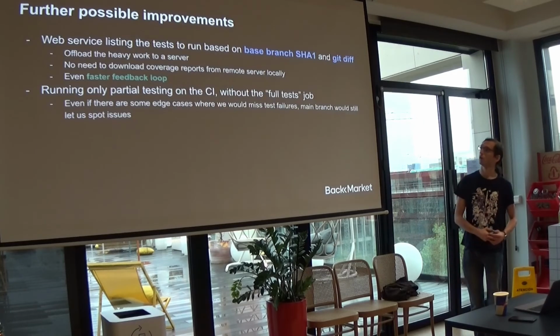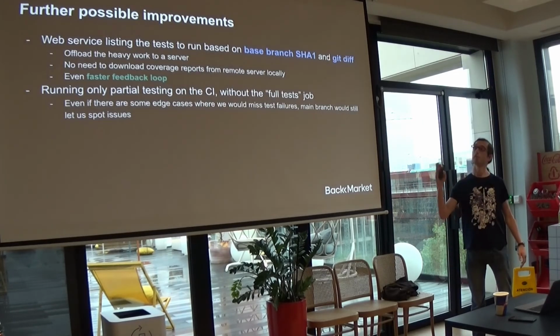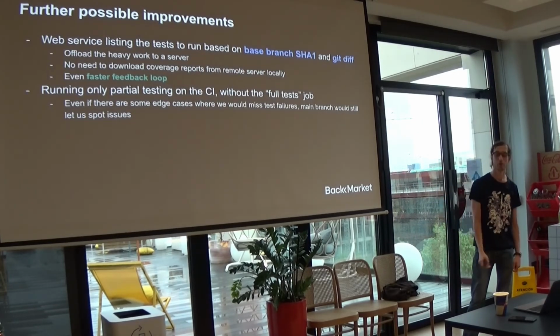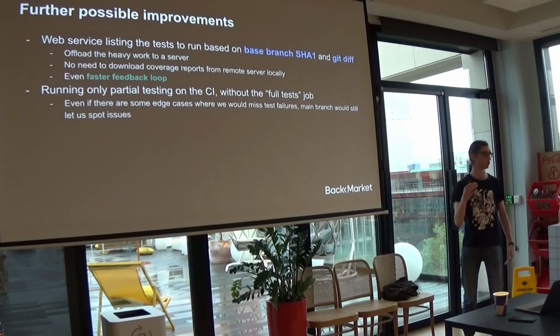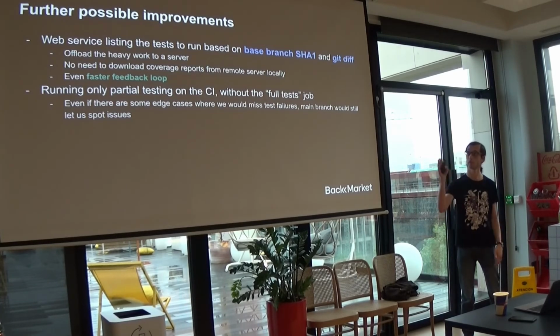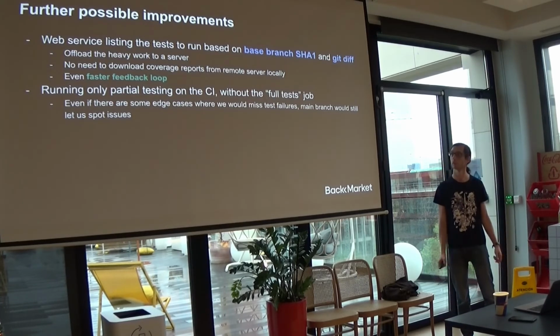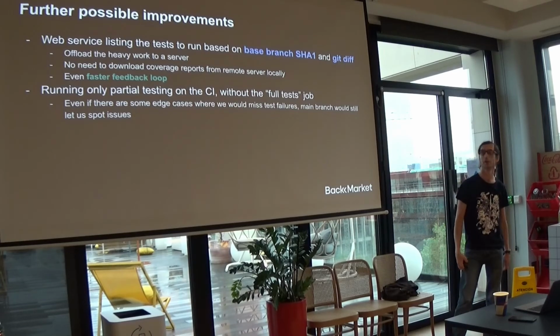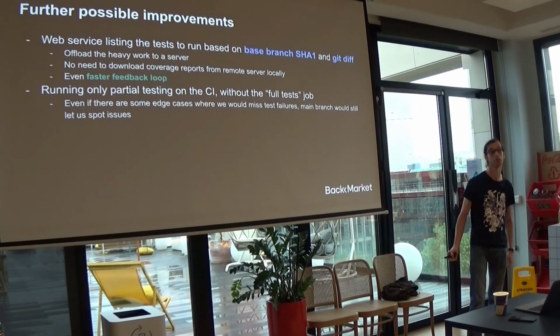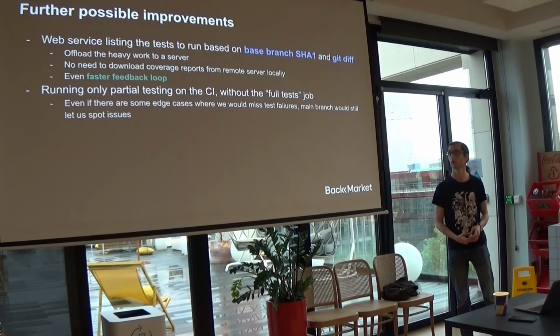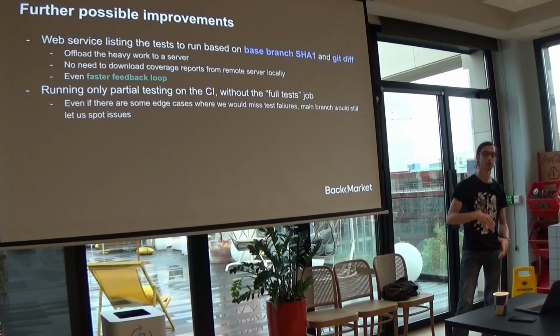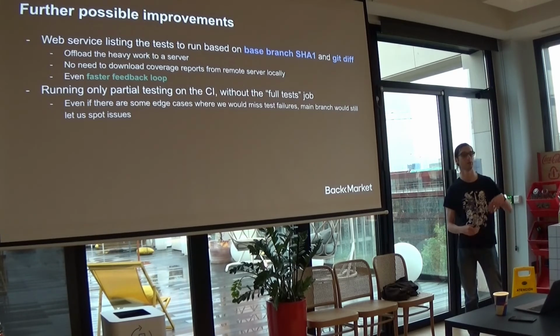So we have some ideas about further possible improvements to the solution, because right now developers have to download the coverage report from S3, which can take quite some time. It's 200 megabytes to download the report, so it's quite heavy, especially for developers that have slow connections. So an idea could be to have a web service that could list the tests to run based on the base branch SHA-1 and a git diff that the developer would have locally.